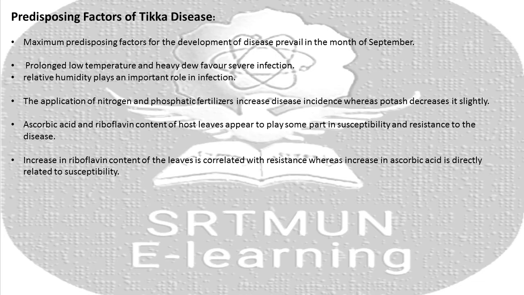Last point, increase in riboflavin content of the leaves is correlated with resistance, whereas increase in abscisic acid is directly related to susceptibility.